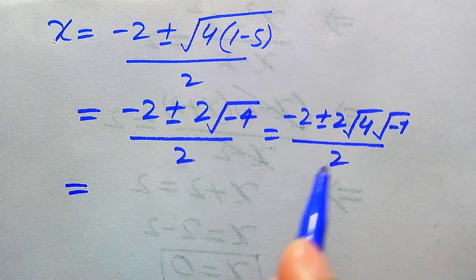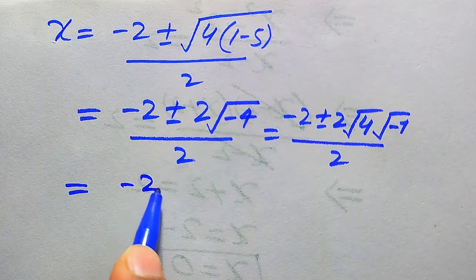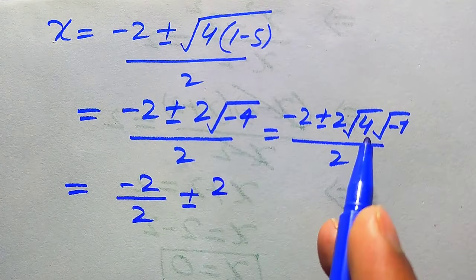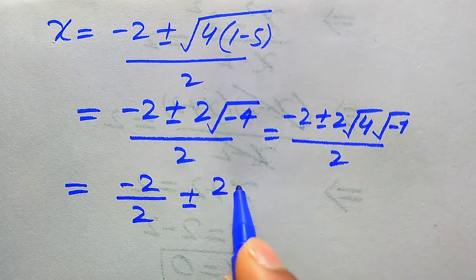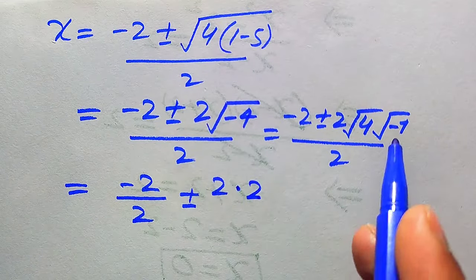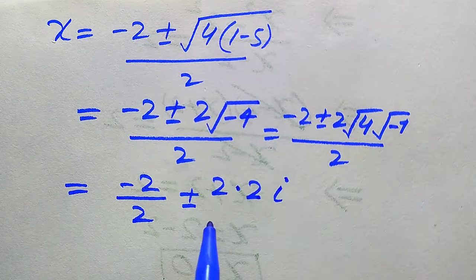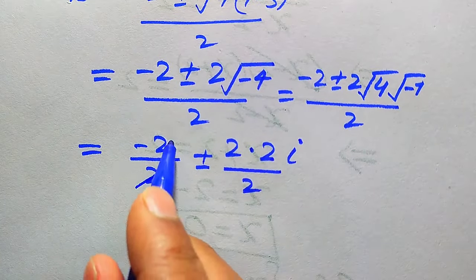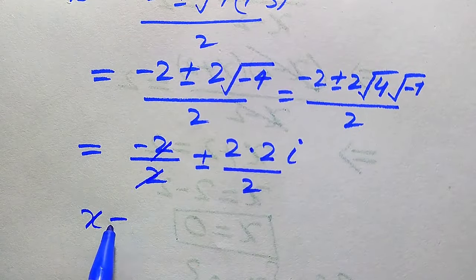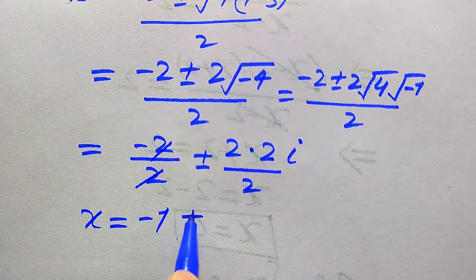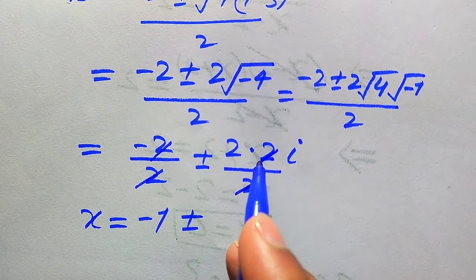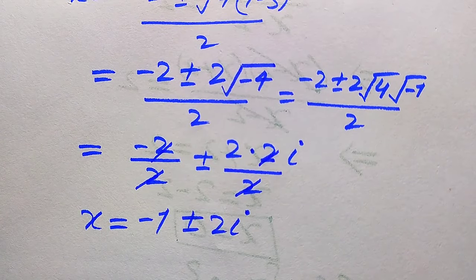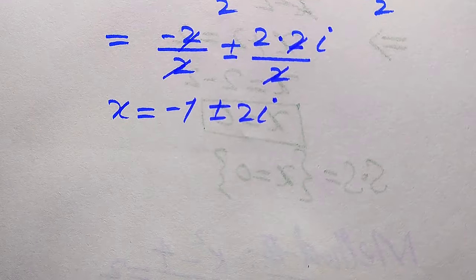Further, we break this fraction, and it is written as minus 2 over 2 plus minus 2 times, here we have square root of 4, and square root of 4 becomes 2, and square root of minus 1 becomes iota, divided by 2. Now you see these 2 and these 2 are gone, and we get x equals minus 1 plus minus, these 2 and these 2 are also gone, and we get 2 iota. So these are the two complex roots of the given equation.